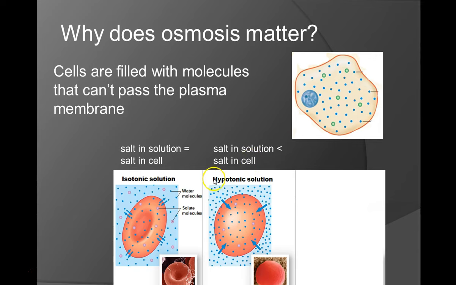This is called a hypotonic solution, and what's happening is that water, in an attempt to balance it out, rushes into the cell. And that causes the cell to blow up and eventually burst open because so much water has rushed into it.